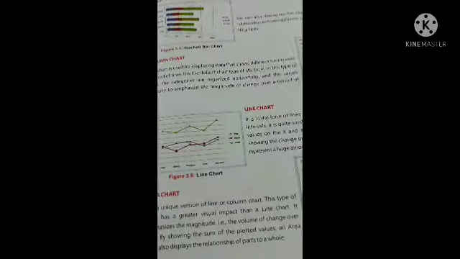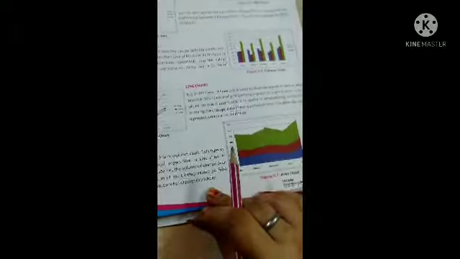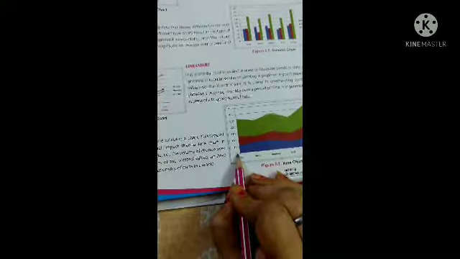Column chart. Column charts display data over different periods of time. It is the default chart of MS Excel. Line chart uses a line to show data. Area chart is a unique version of the line and column chart.